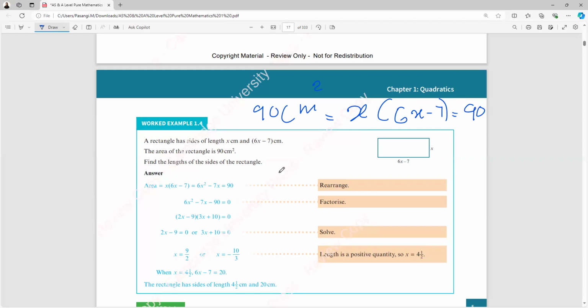Then we have a proper equation: 6x squared minus 7x, and this 90 we can take to the left hand side, that means minus 90, equals 0. Then we can factorize this and find the values for x. It's also clear, right? You can do these ones.